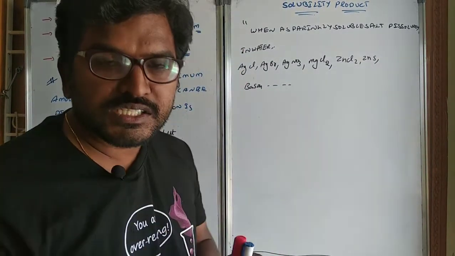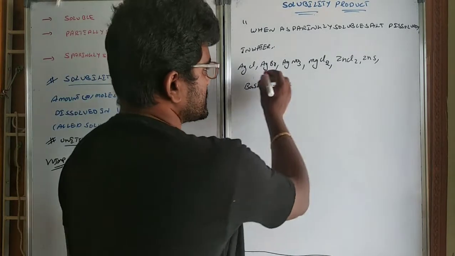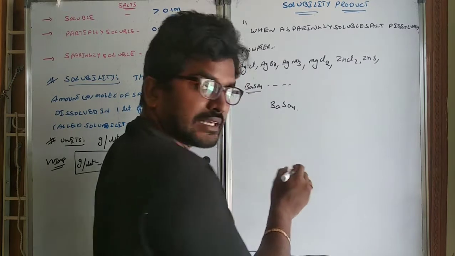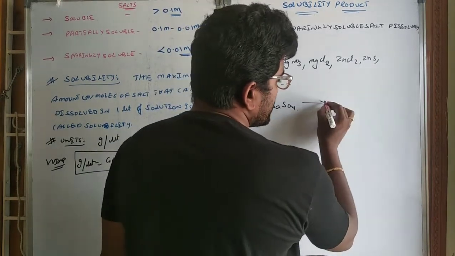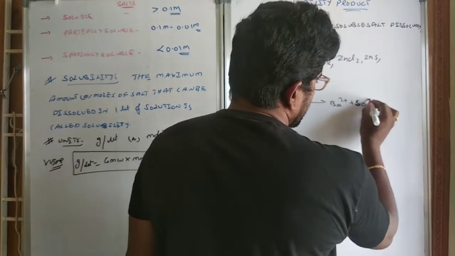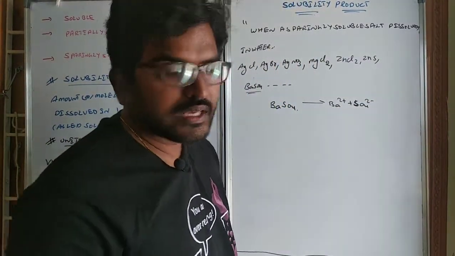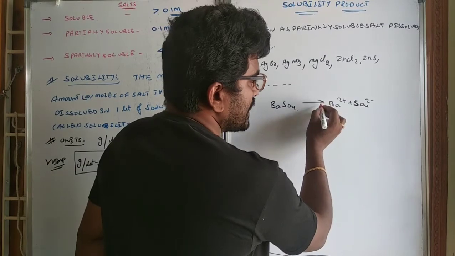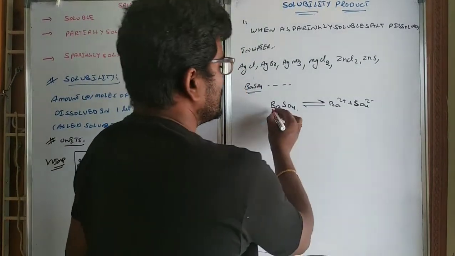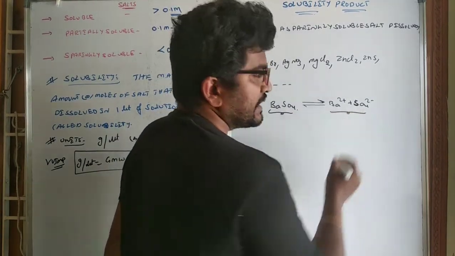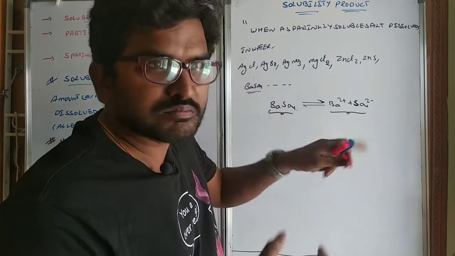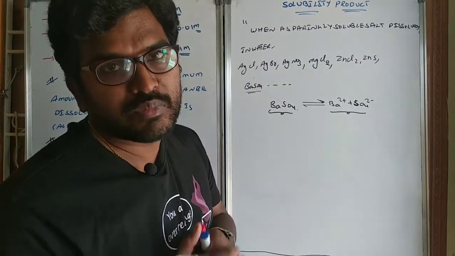When these salts are dissolved in water, what happens? I will take the example of barium sulfate. When you take barium sulfate and dissolve it in water, it will dissociate into barium ions and sulfate ions. The formed barium ions and sulfate ions will combine back to produce barium sulfate. That's why there will be an equilibrium between the dissolving reaction and the combining reaction.